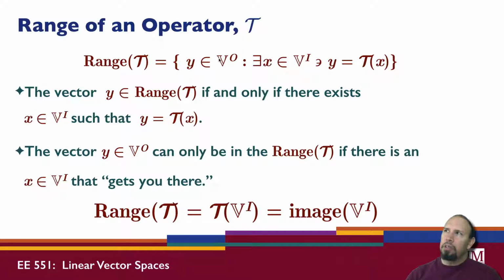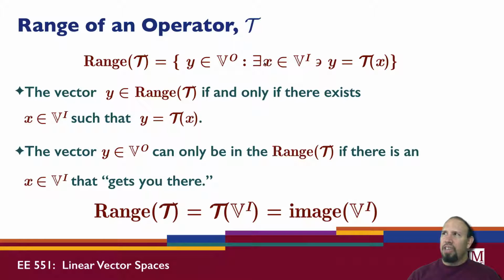So y is in the output space, and the range is defined to be the set of values of y in the output space that satisfy the following properties. This backwards-looking E actually means "there exists."